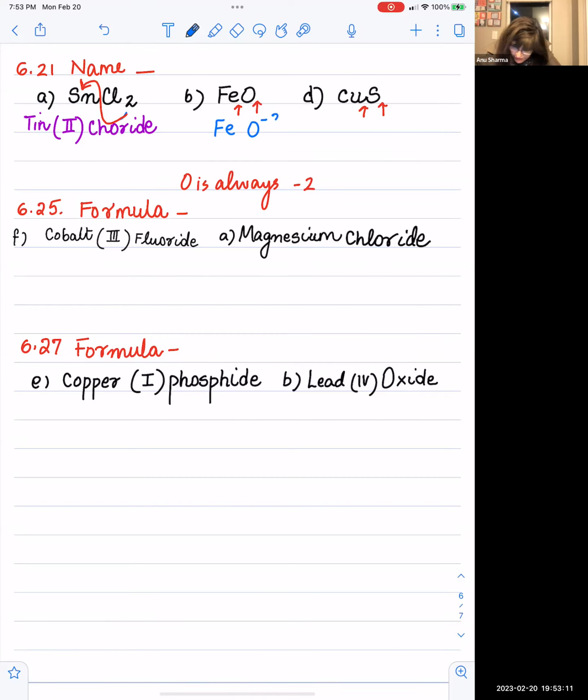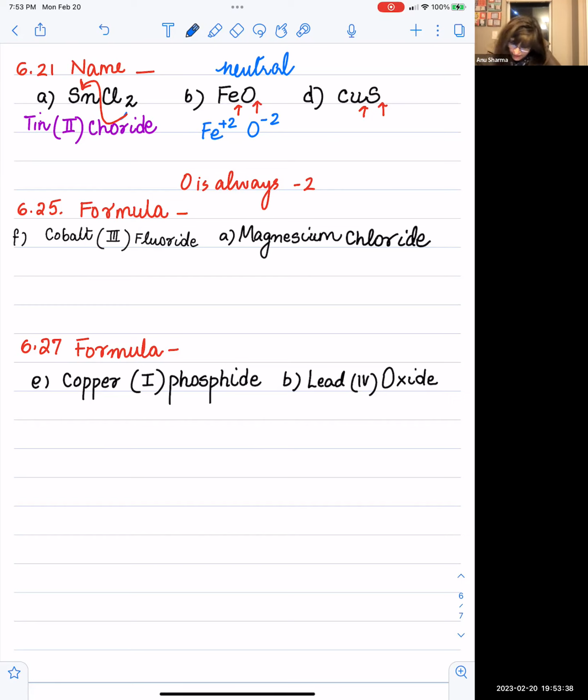If this is -2, obviously this looks like a neutral molecule, right? There's no charge. There is no other number. So that means iron will be +2. +2 and -2 cancel out. That is why you have FeO. Let me write this again. This is +2, and that's for iron. Iron +2, so that +2 and -2 cancel out.